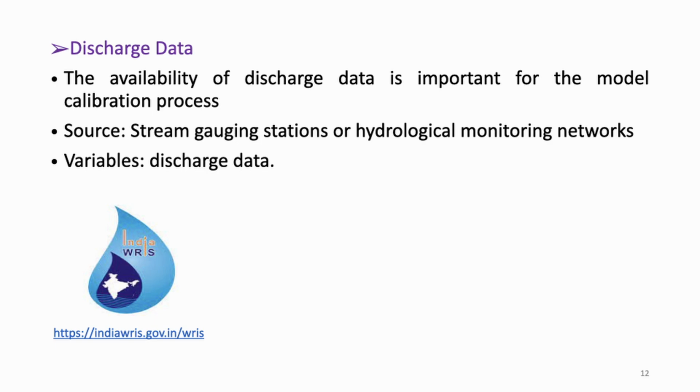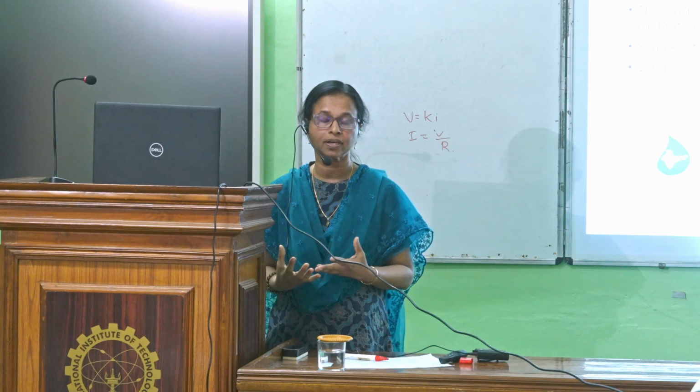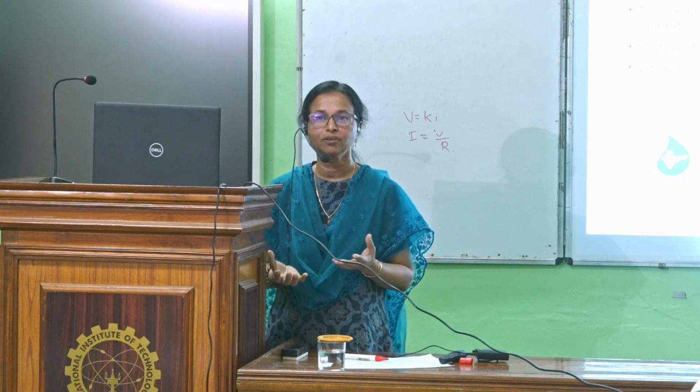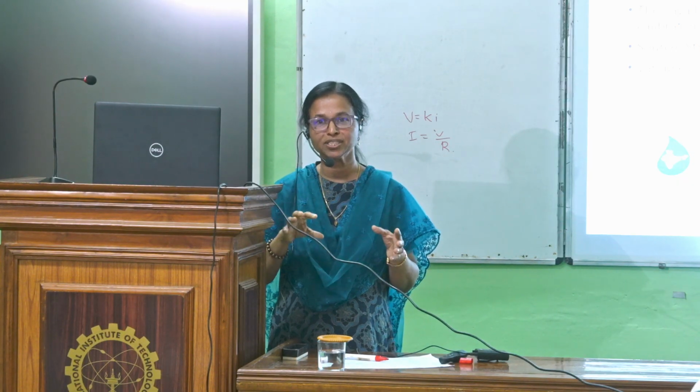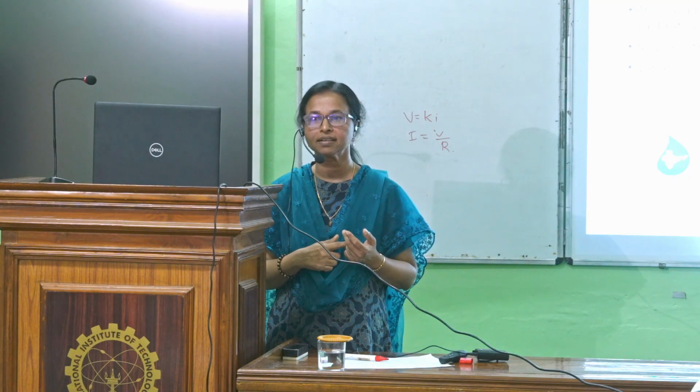And another thing is discharge data. For calibration purposes, when you develop a hydrologic model for a particular rainfall, you should know the observed rainfall and discharge data. Only then can you calibrate, because calibration means you have to adjust the parameters. When you consider the hydrologic model, there are various processes: canopy, infiltration, transformation methods, base flow.